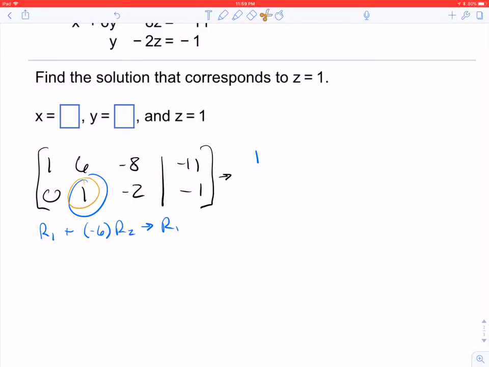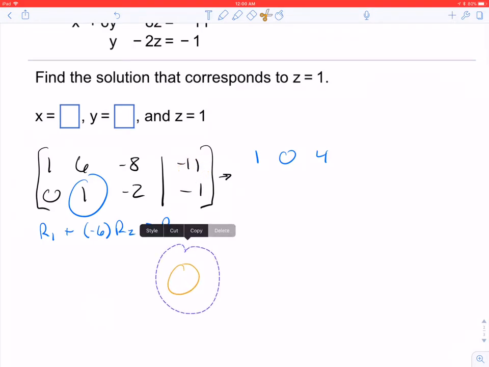Then -6 times 1 is -6, plus 6 is 0. -6 times -2 is a positive 12, plus -8 is 4. -6 times -1 is positive 6, plus a -11 is -5. And row 2 stays exactly the same.